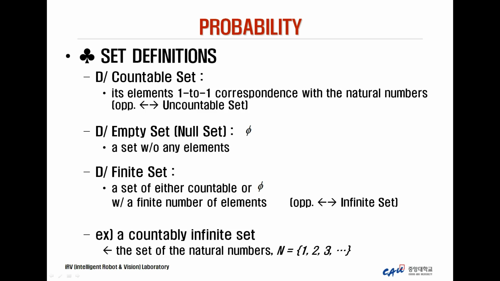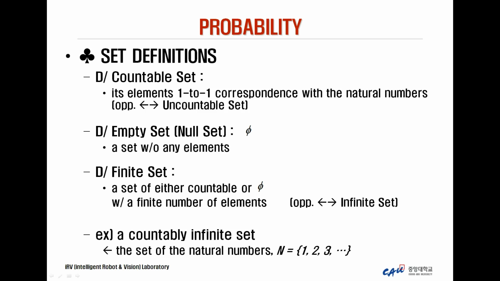Empty set is also called null set, and you use the symbol phi, which is a set without any elements. By the way, W/O is defined as without. So it's nothing.